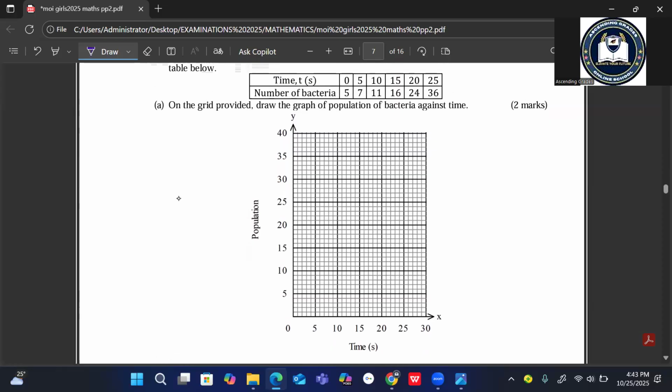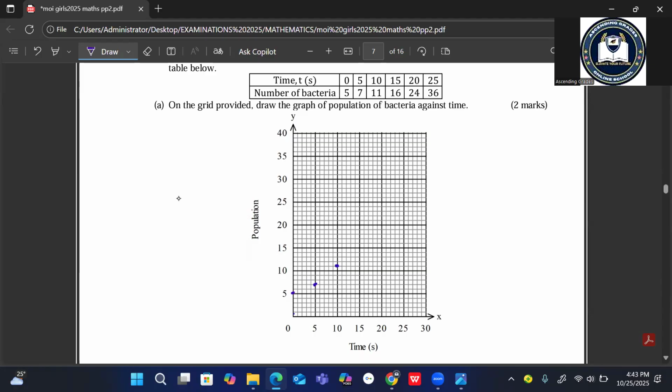Now using the given data, when X is 0, Y is 5. So we have it here. Then when X is 5, Y is 7, here. Then 10, 11, there.